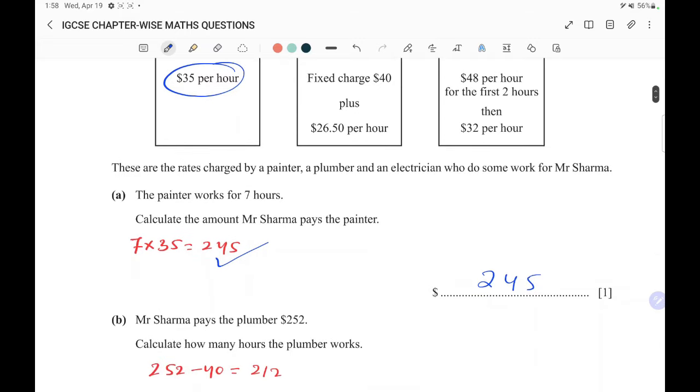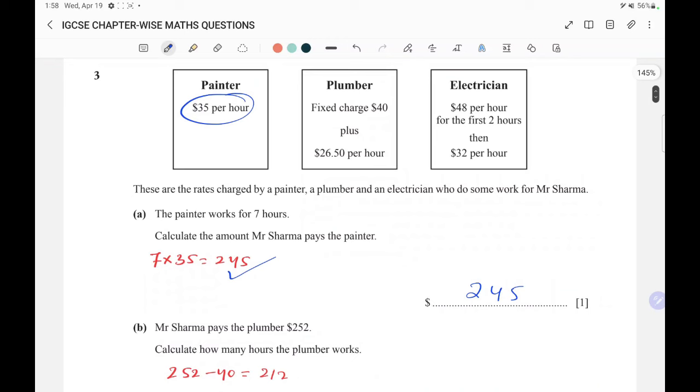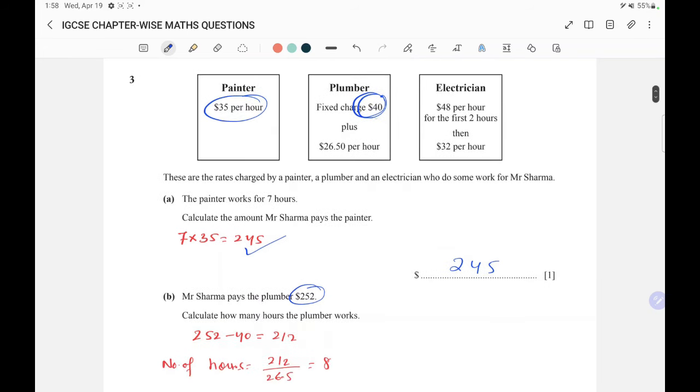Mr. Sharma pays the plumber $252 total. How many hours does the plumber work? So $252. The first fixed charge is $40 and then 26.5 per hour. So can we remove this fixed charge to get the total amount for the hours only?